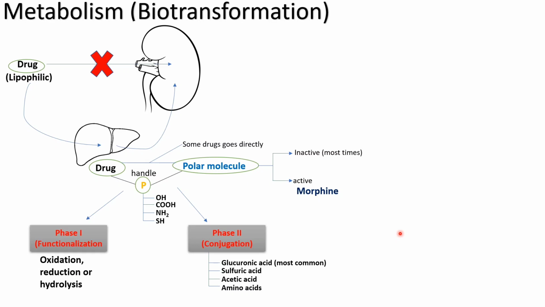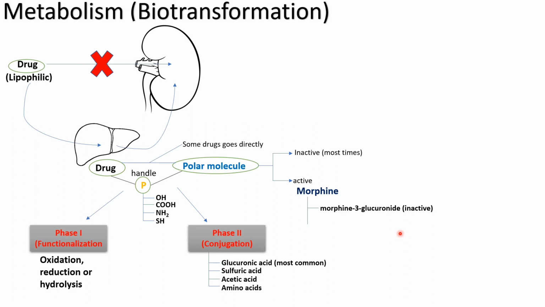Let's take an example, the analgesic drug morphine. This drug is conjugated with glucuronic acid in phase 2 reactions. Two metabolites could result from this conjugation reaction according to the position of the conjugation on the molecule.